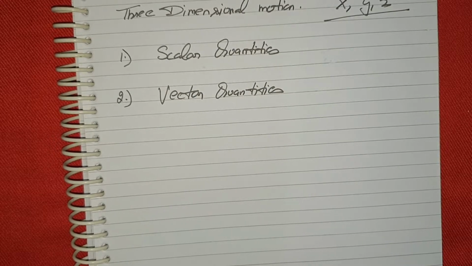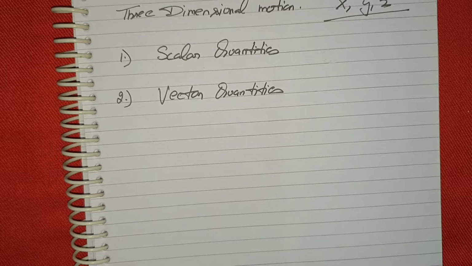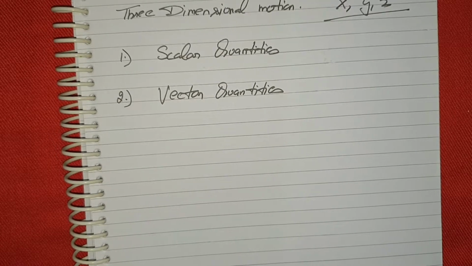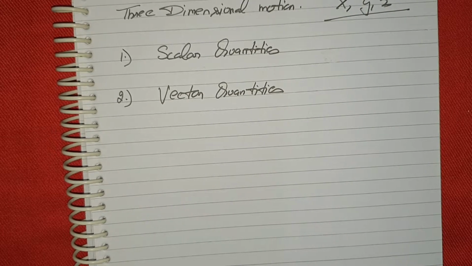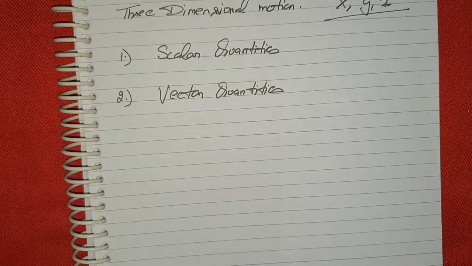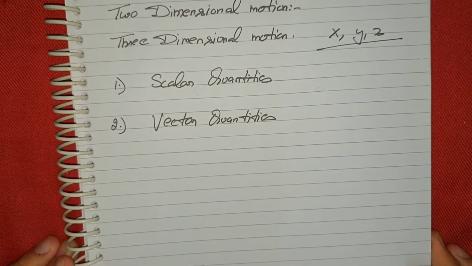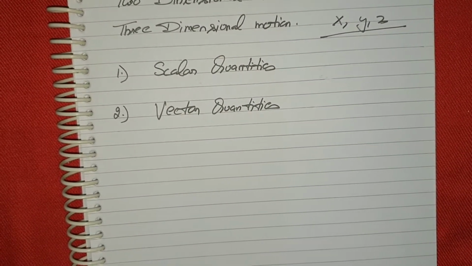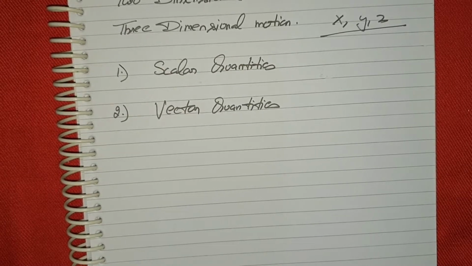Displacement, velocity, acceleration, force, torque, gravitational intensity, etc. are all examples of vectors. Now, see, scalars can be added algebraically, but vectors cannot be added algebraically. They need special laws known as the vector laws of algebra, which we will be discussing in our next chapters.